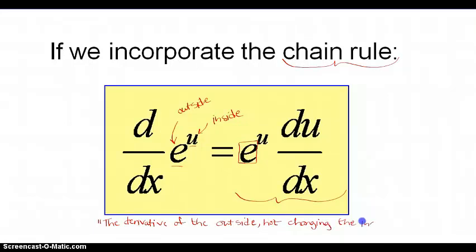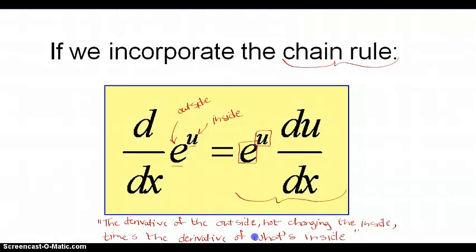That's why we just copy down u. Here's the inside, the derivative of the outside, not changing the inside, times the derivative of what's inside. Pretty handy. It's awesome, as a matter of fact.